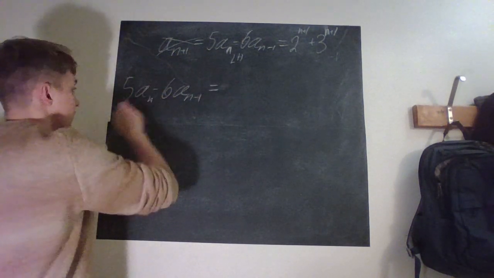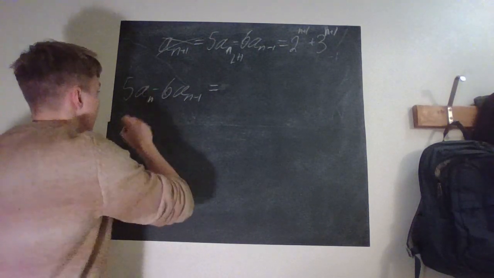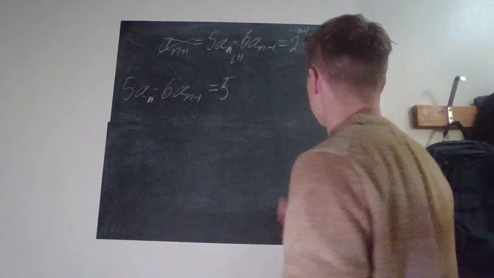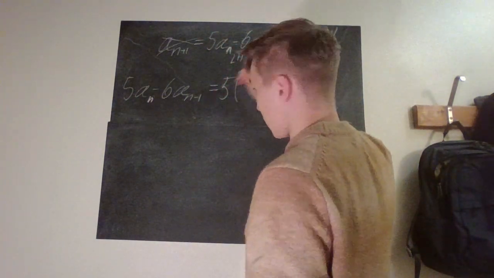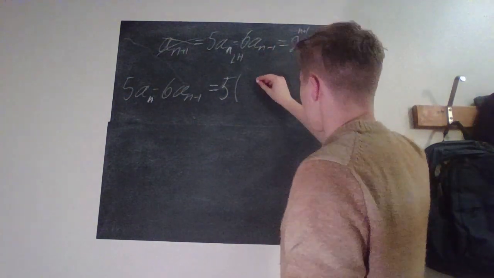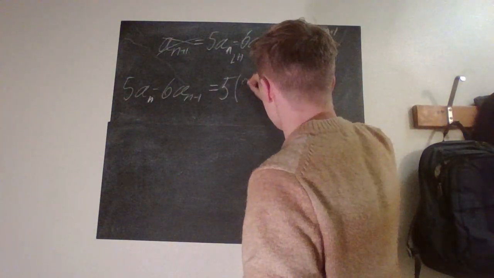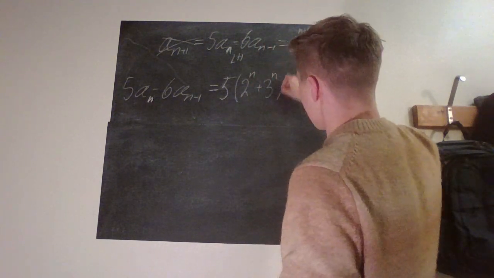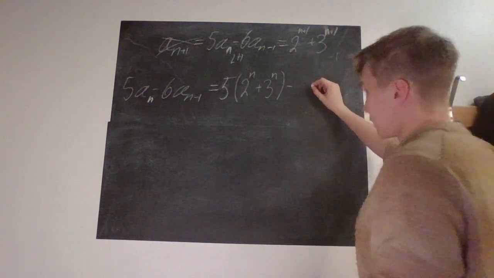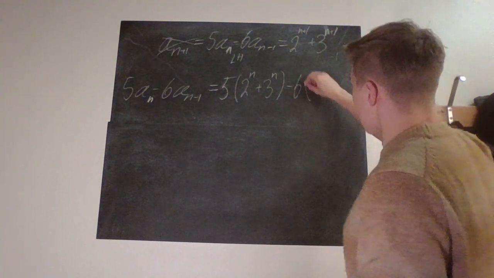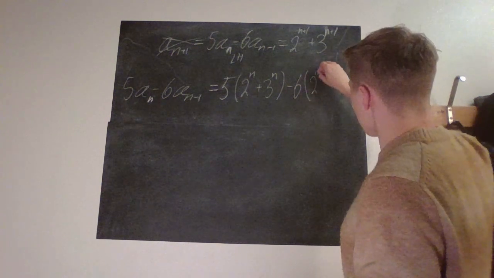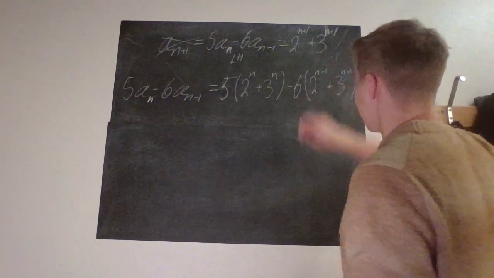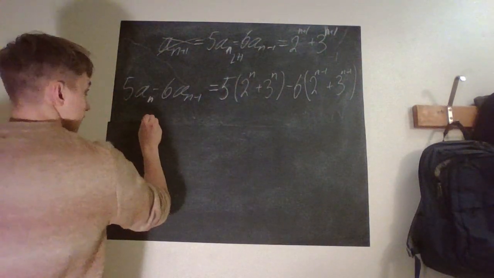If you remember what I wrote before, using our first induction hypothesis, this was equal to 2 to the power of n plus 3 to the power of n. And a_{n-1} was equal to 2 to the power of n minus 1 plus 3 to the power of n minus 1. And now we just have to do some factorization.